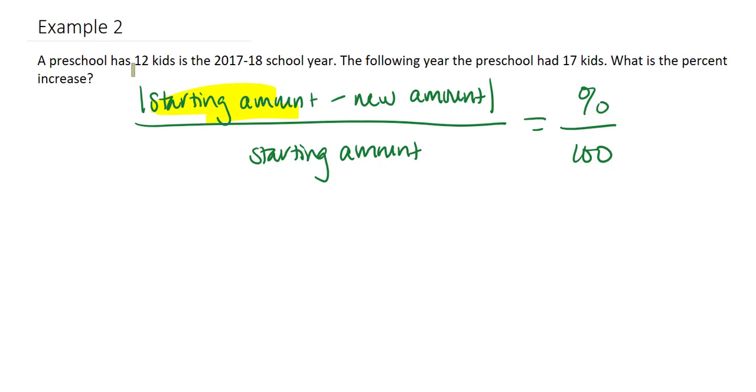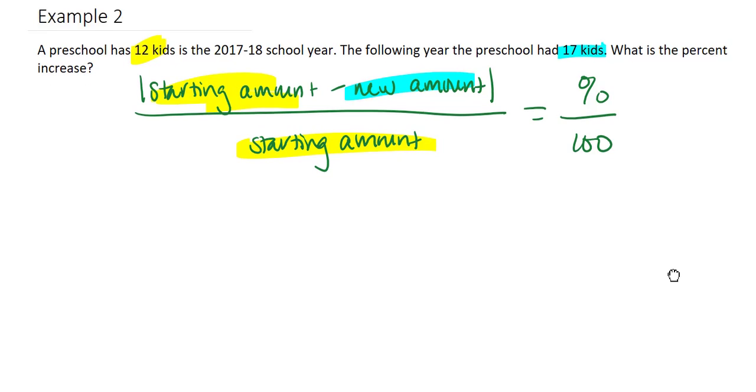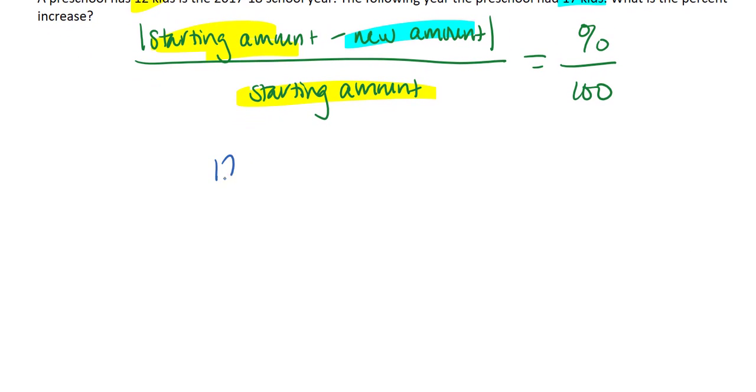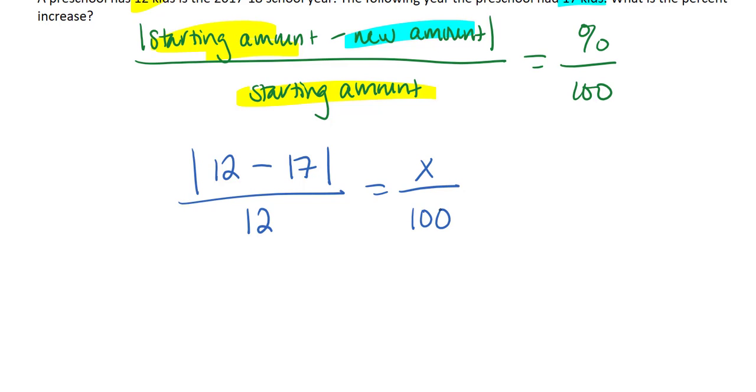So the starting amount would be the 12, and then the new amount would be 17. So let's plug this in. We have 12 minus 17, take the absolute value, and then it's over 12, which is equal to x over 100.